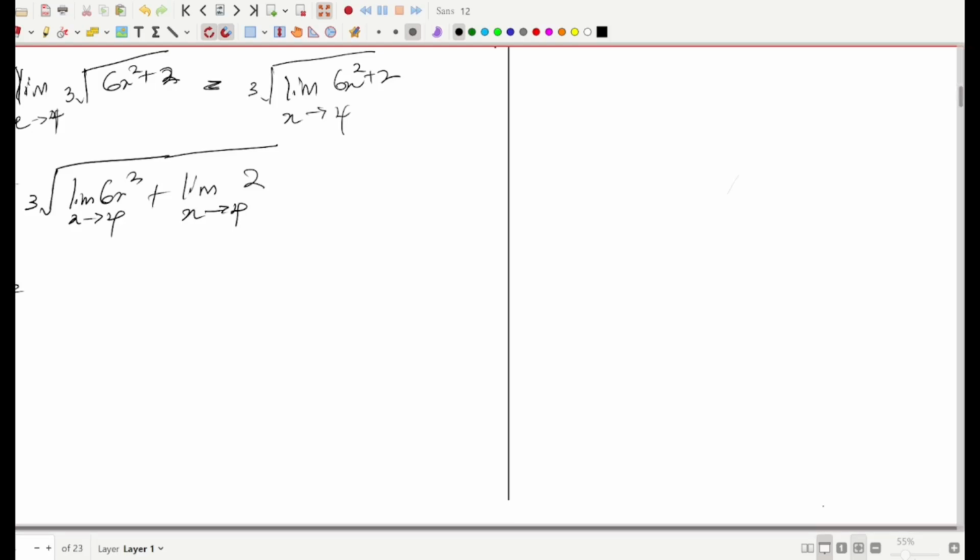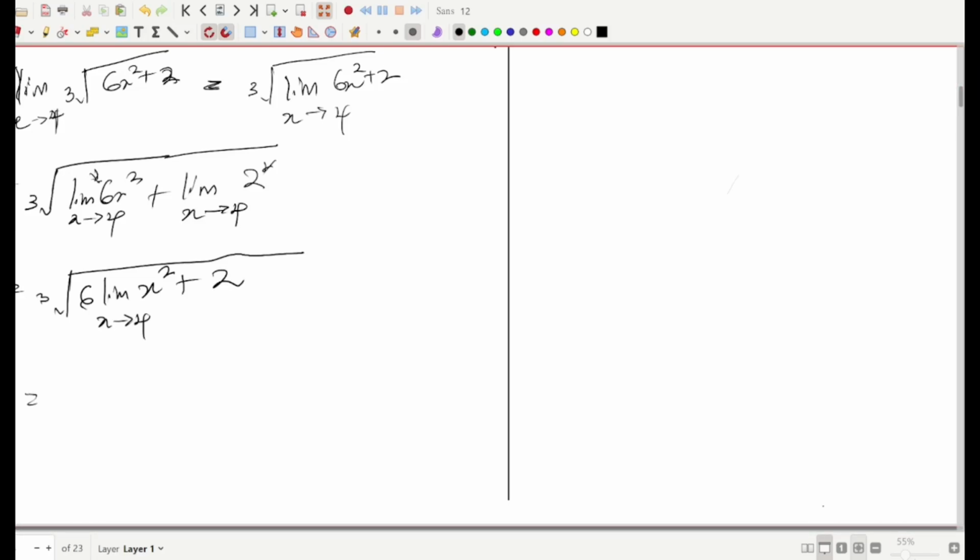So this becomes simple. We have 6 here, which is a constant. You can move it inside and out of the root expression. So we have 6 multiplying the limit as x approaches 4 of x squared plus, now the limit of a constant, as I said, is the constant itself.